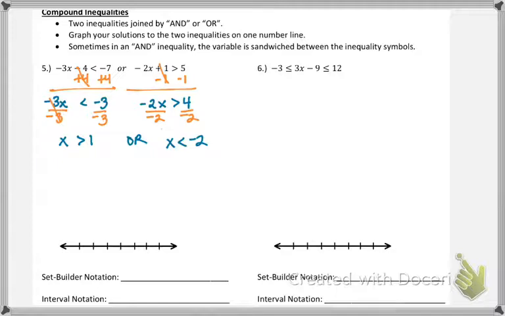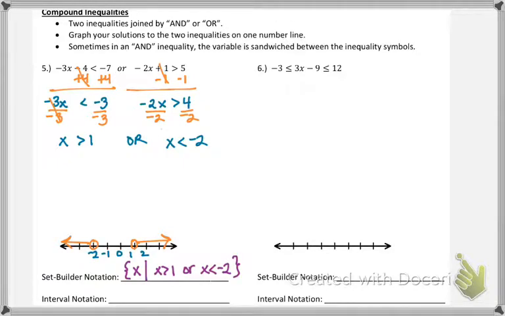So here is negative 2, negative 1, 0, 1, 2. Open circle at 1, shading to the right. And open circle at negative 2, shading to the left. In set builder notation, we say that our solution is the set of all real numbers x such that x is greater than 1, or x is less than negative 2.